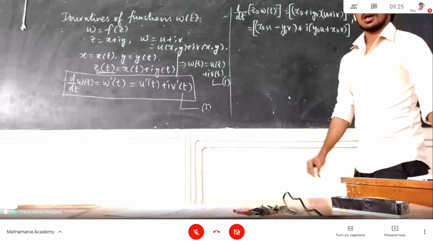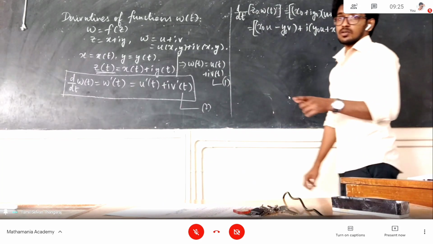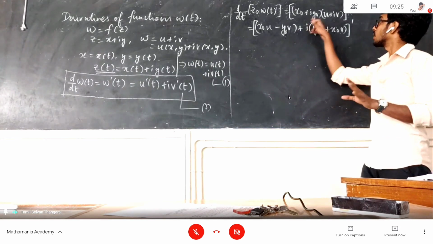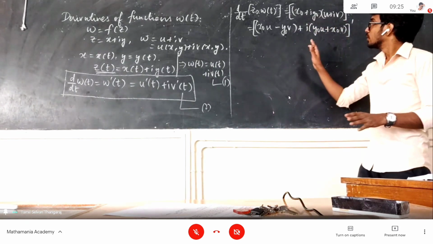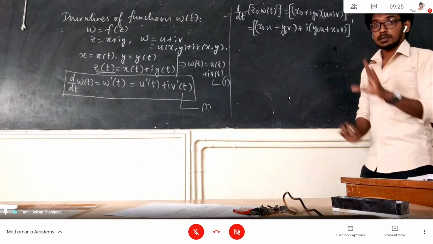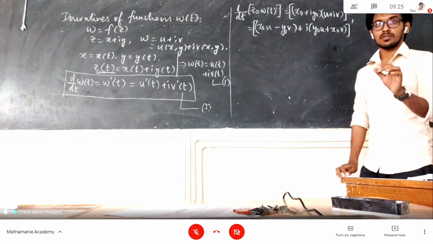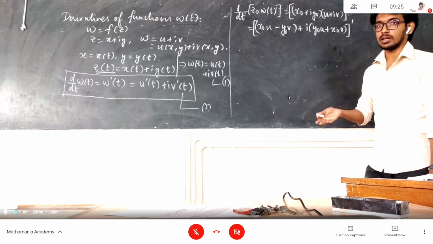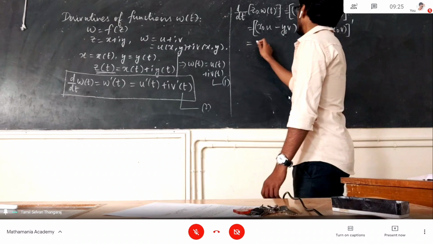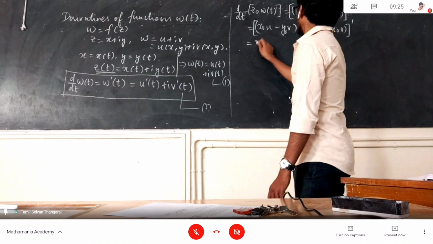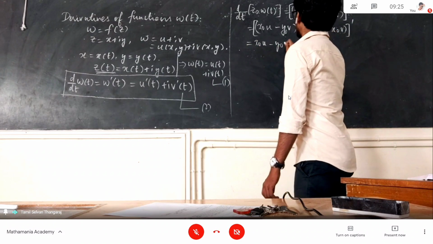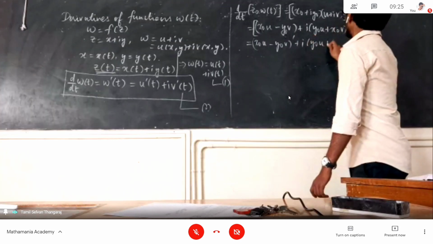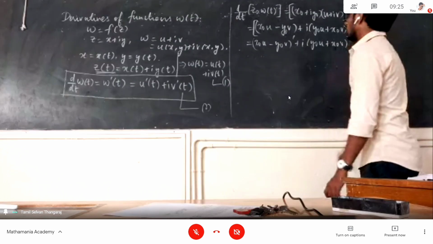I have clearly told you that z naught is a complex constant. Only u and v are functions. So you will have to remember that x naught and y naught are constants and u and v are functions of t, and this derivative is with respect to t. Therefore, this becomes x naught u minus y naught v whole prime plus iota times y naught u plus x naught v whole prime.